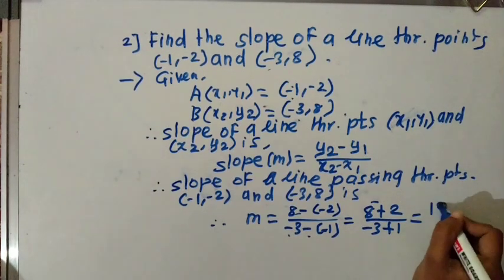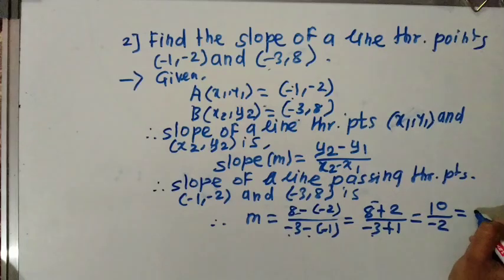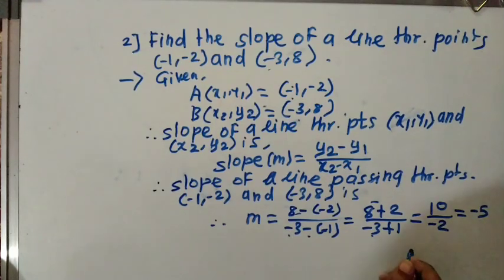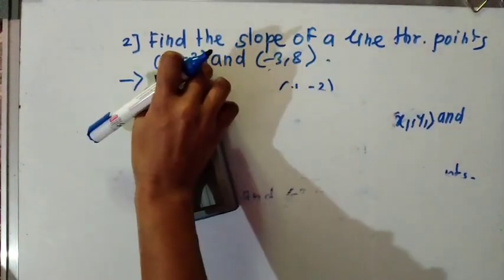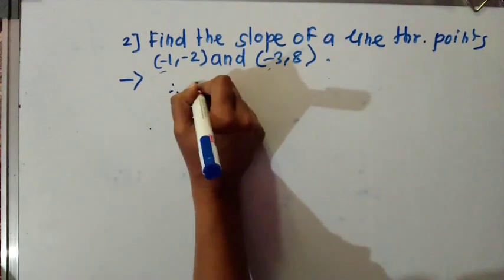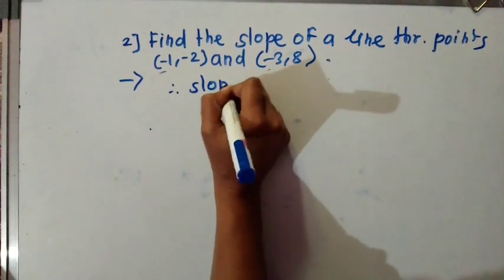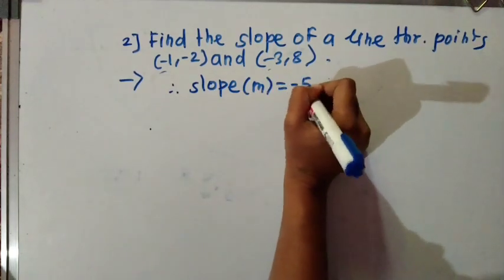So 10 upon -2, hence we get -5. Hence the slope m of the line is equal to -5.